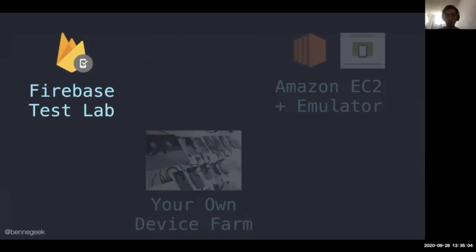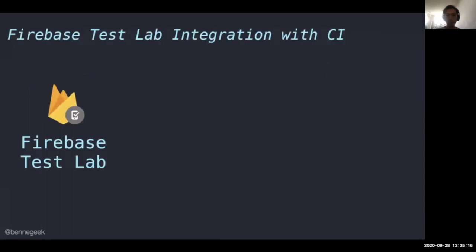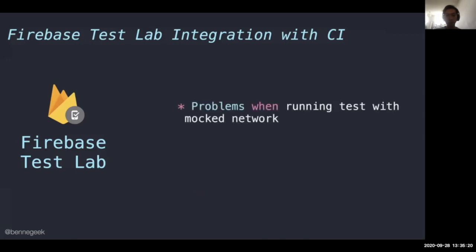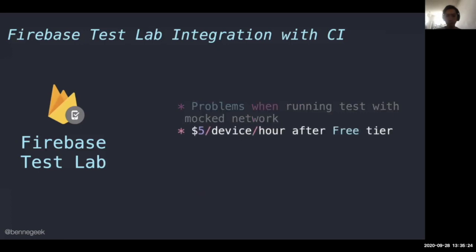So going back to the solution, we found that Firebase Test Lab is the best way to do it because we don't have our own device farm and an emulator doesn't cut it very well. So how do you integrate it with Firebase Test Lab? There are some caveats first. When we were running tests with the mock network, we had some problems.